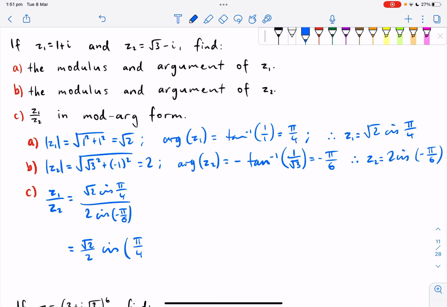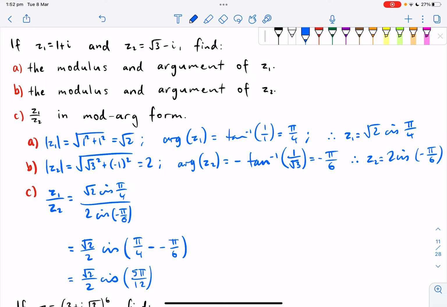So when we divide two complex numbers and we know their arguments, then the arguments will actually subtract. So it's going to be pi on 4 take away negative pi on 6. Just like that. Okay. And then when we simplify this, we get root 2 over 2 cis 5 pi on 12. And that's that.